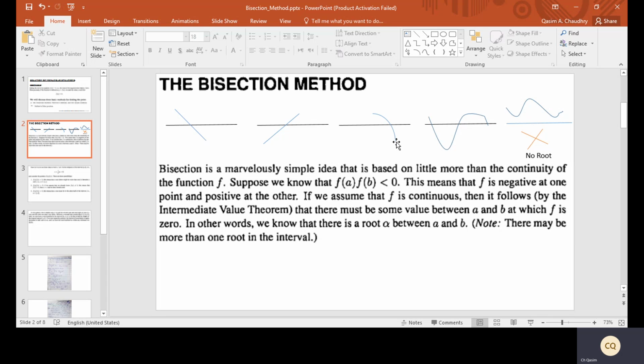So this is the main idea. If it is crossing the x-axis, that is basically your root point, the value where the function is 0, and that is called the root. So at least one root will definitely exist.